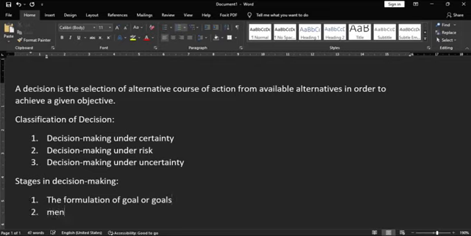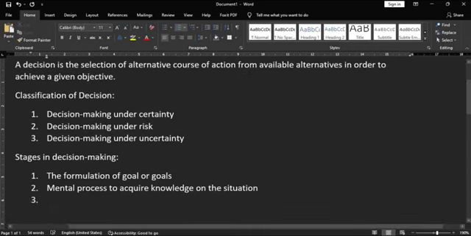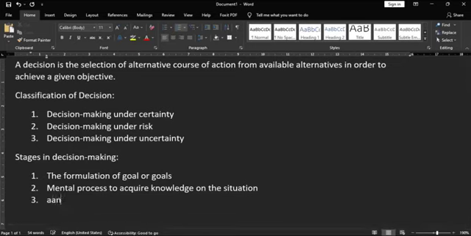Mental process to acquire knowledge on the situation. 3. Analysis to determine alternative course.